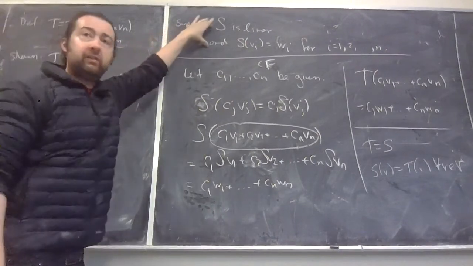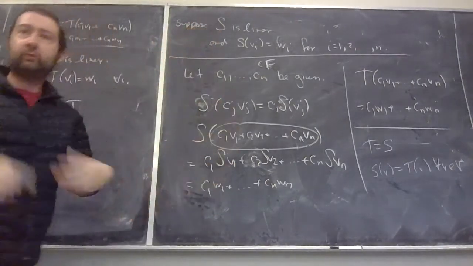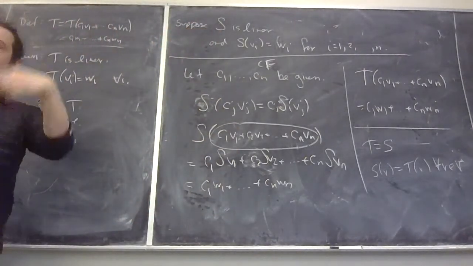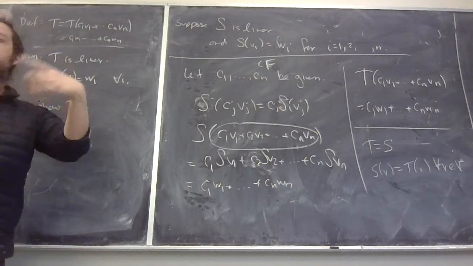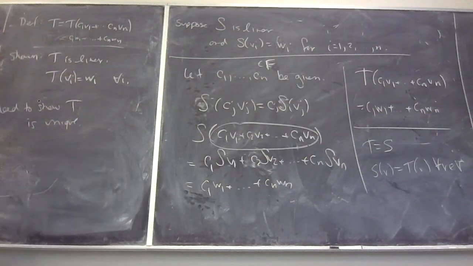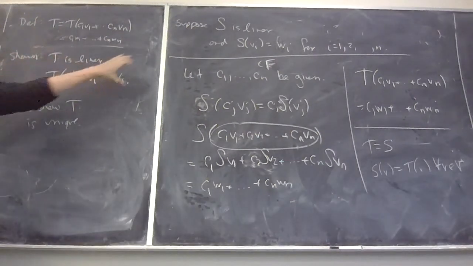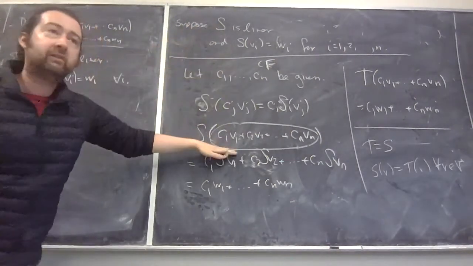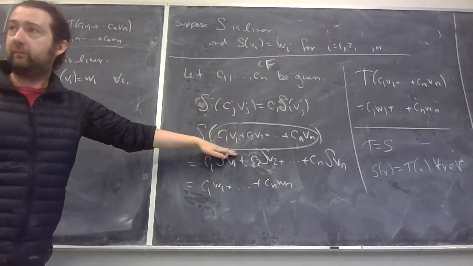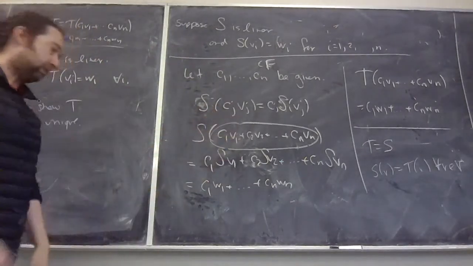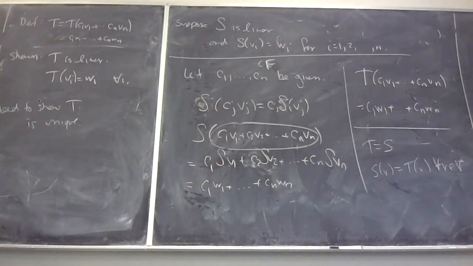If S has these two properties, then S was equal to T. So it's a biconditional theorem, an if and only if. If T has this definition, then T has these properties. If S has the properties, then S must have this function definition. So that's what it means to be unique, to have this if and only if setup. Is that okay?